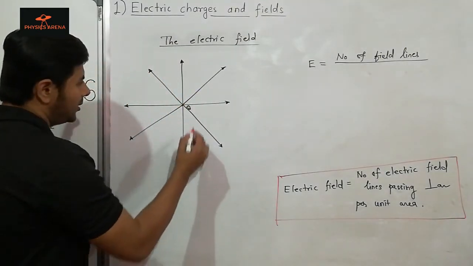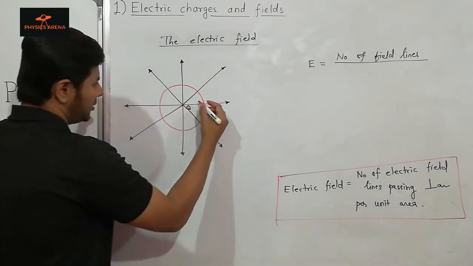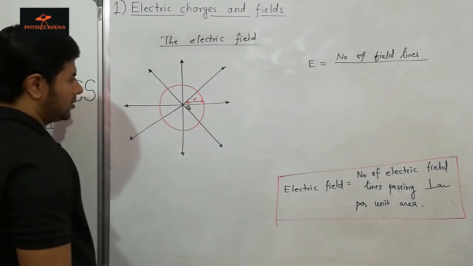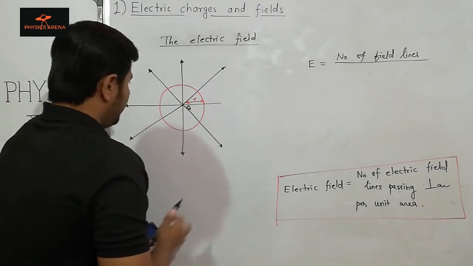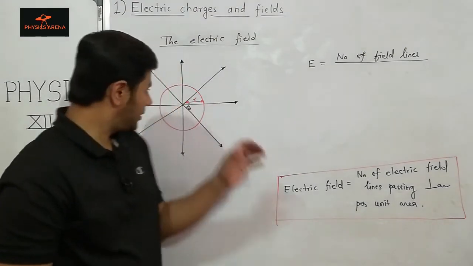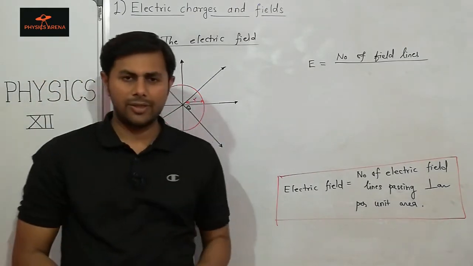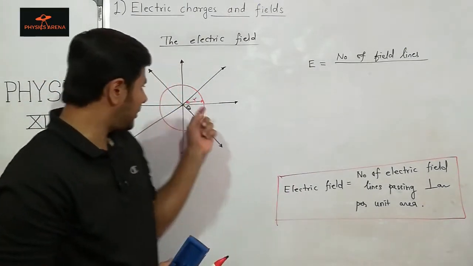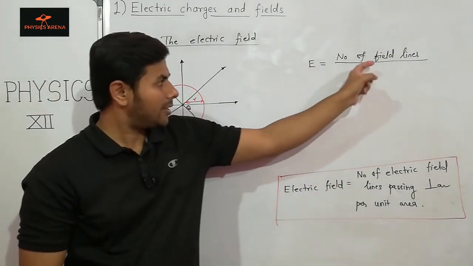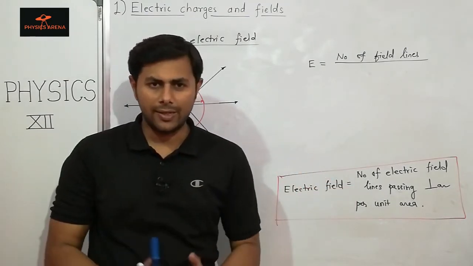So let us draw a sphere at some distance. Suppose this is distance r, and as you can see, the surface of that sphere is perpendicular to the electric field lines. So we can define electric field as number of field lines passing per unit spherical area.